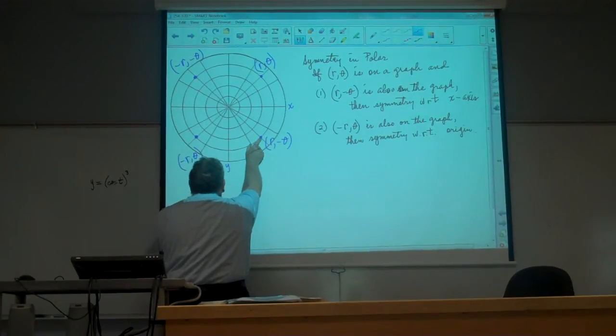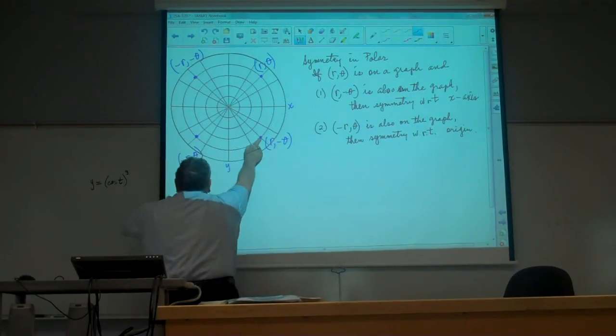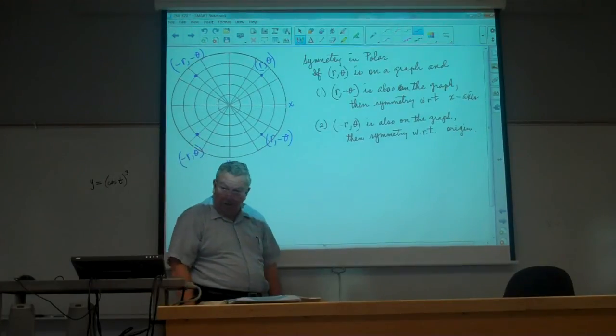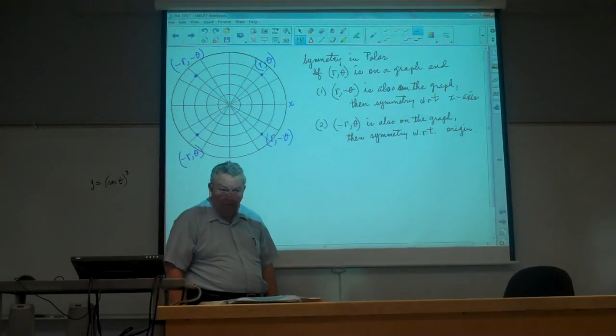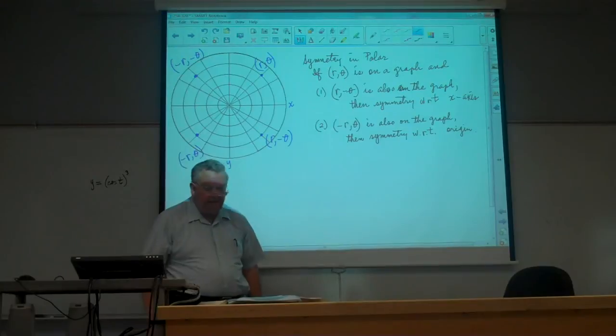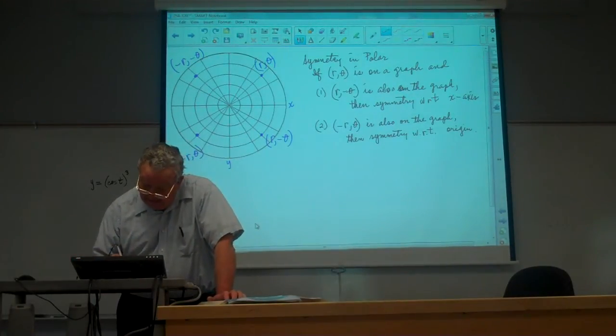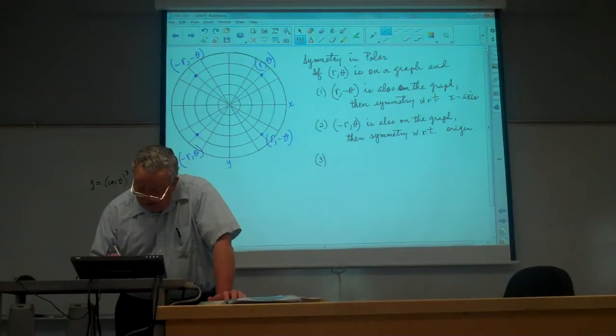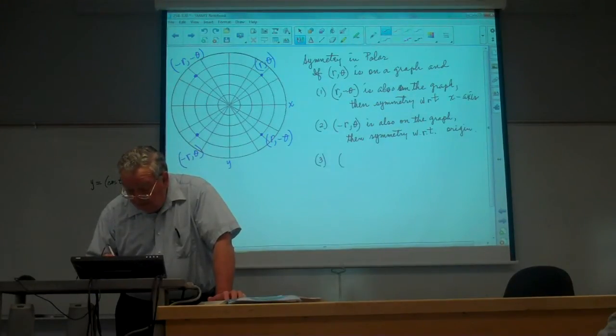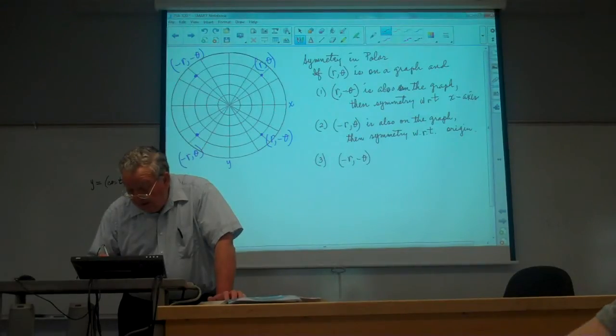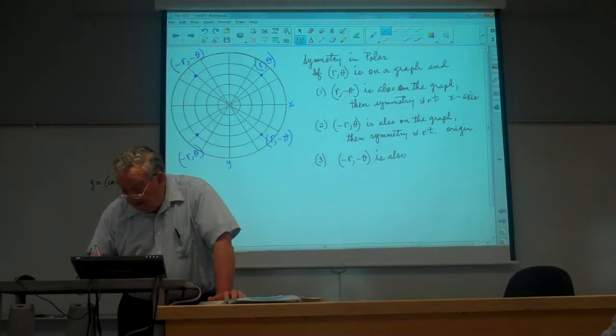And negative r says go backwards. Doesn't that get you exactly to that point up there? So number three is negative r, negative theta is also on the graph.